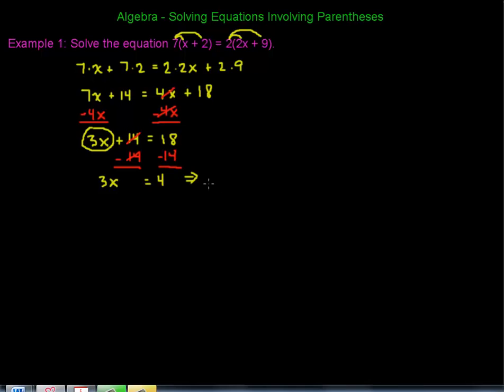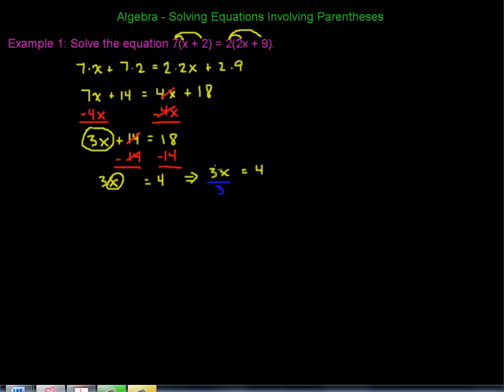Let's go to the right a little bit. So I want to make an example down below. If I have 3 times x equals 4, then what I want to do is isolate the x all by itself. Remember, we're solving for x. So I need to undo the operation of multiplying by 3, which means I'm going to divide. I'm going to divide by 3 to help cancel out the multiplying by 3.